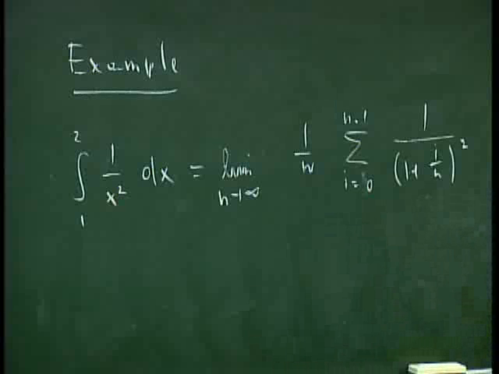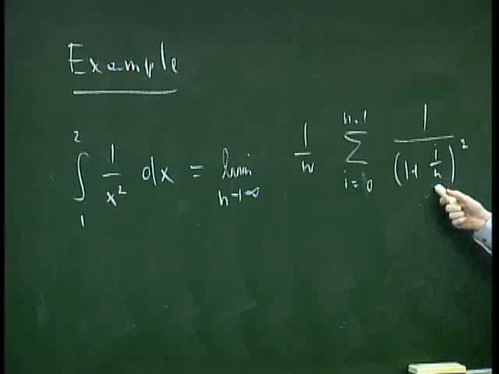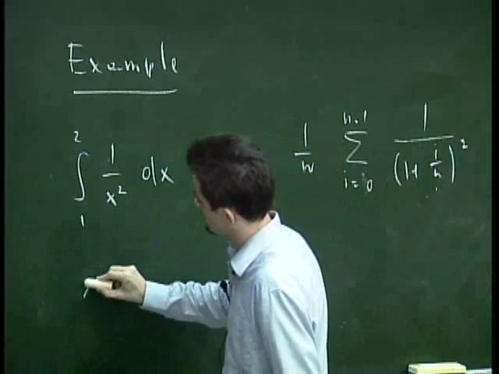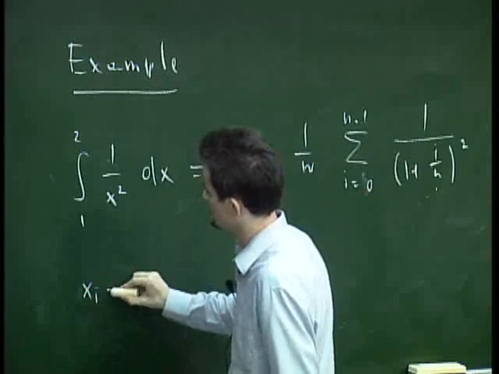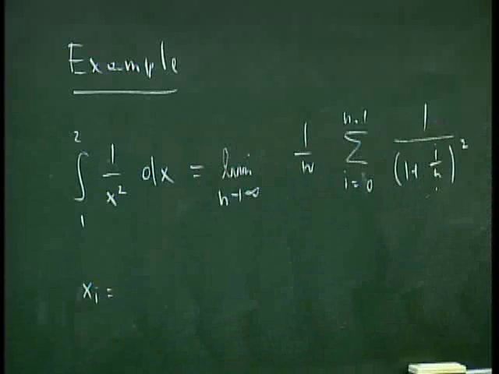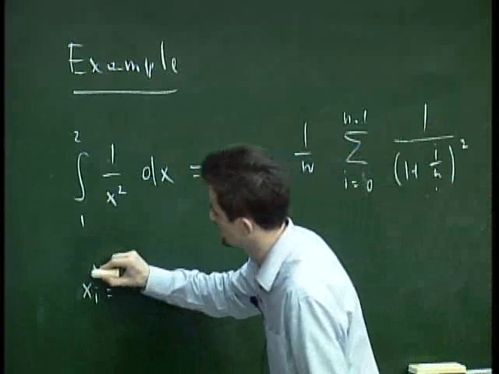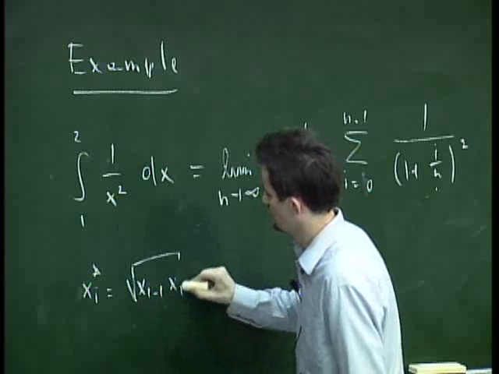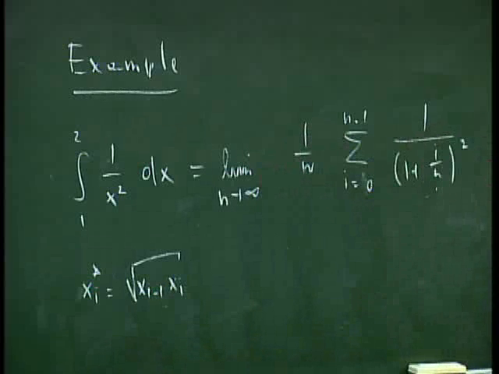Okay, so here a trick is as follows: you choose the sample points differently, because here I chose the left endpoints. But you can choose them differently. Maybe the major idea is to choose the sample points as the geometric mean of the right and left endpoint.